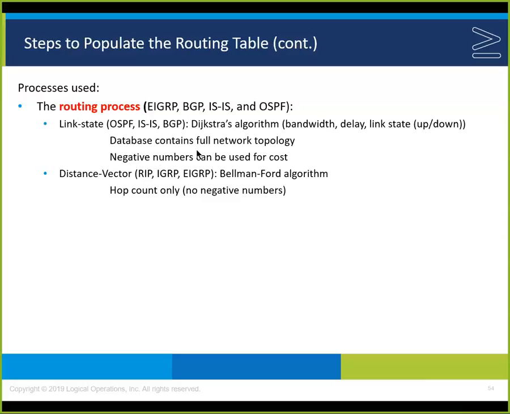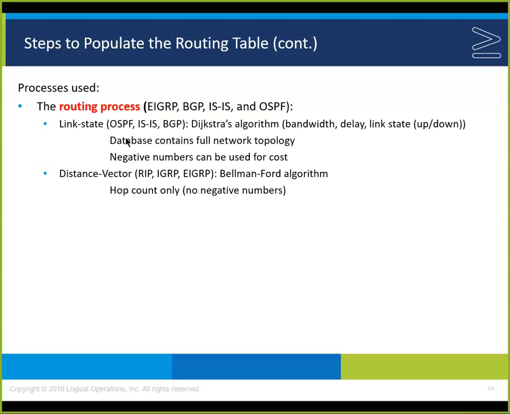So the link state, the Dijkstra algorithm, the database contains a full network topology, and negative numbers can be used for cost in this. What happens in the link state protocols is it is the state of the links, and the links are going to be the interfaces. When the router gets the entire database, it calculates its best routes to every network independently.